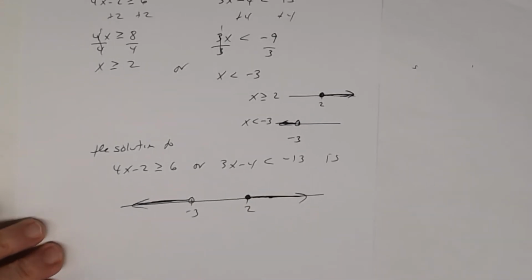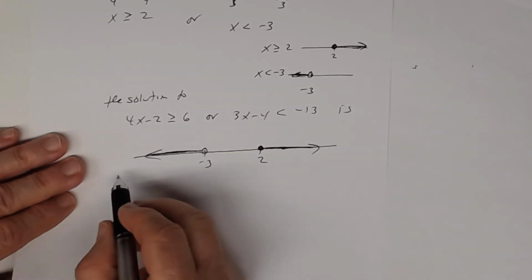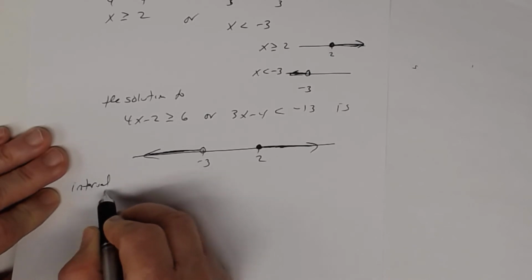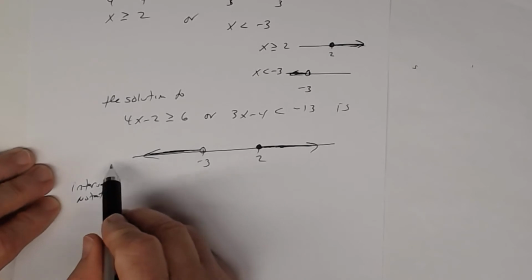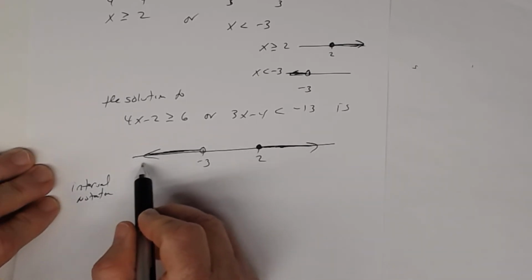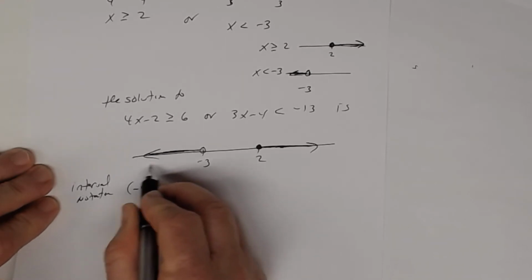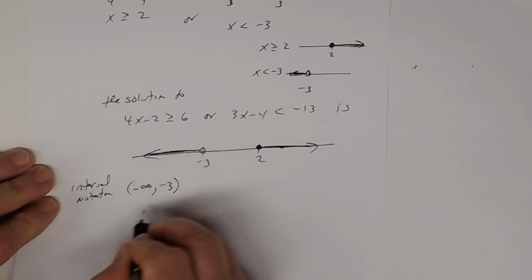All right. Now, just to remind you, you didn't have to do this here, but if I asked you to write this in interval notation, remember, with interval notation, you go from left to right. So remember, this is pointing towards that idea of negative infinity. So you're going to say negative infinity in parentheses all the way to negative 3. Since there's an open circle, you're going to put a parenthesis.